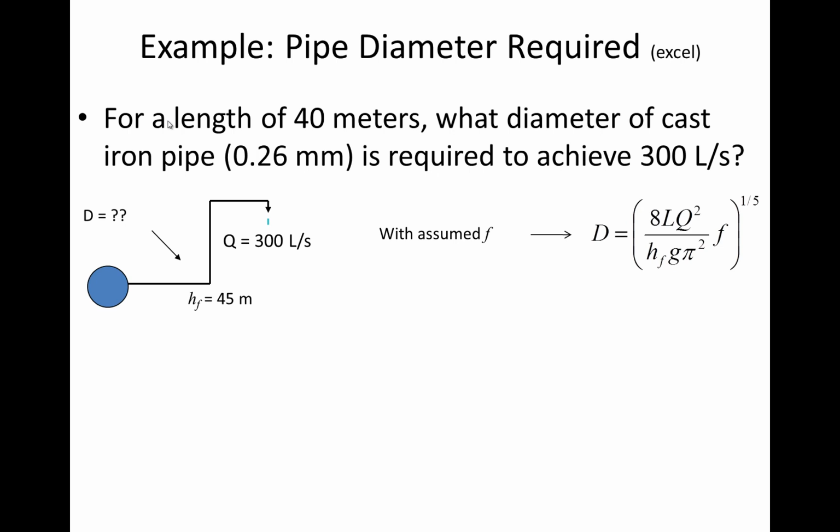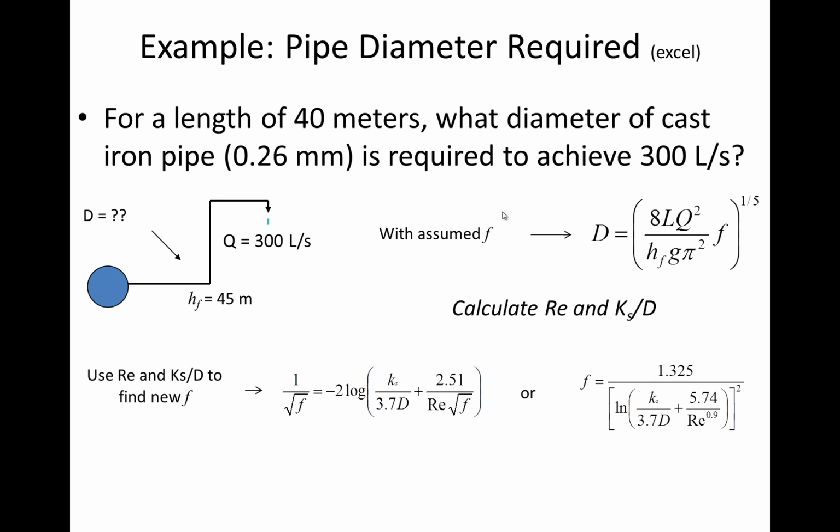So our first thing will be to assume some guess value of F, and then by typing the equation into Excel, we'll get what the corresponding D is for that guess F value. We'll find out if that's the diameter, then what's going to be the flow velocity, therefore what will be the Reynolds number, and we already know the K sub S, but what would be the relative roughness, the K sub S to D, if we have this D that depends on our assumed F. And then we're going to use either the Jain equation or the Colebrook equation.